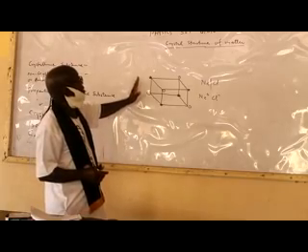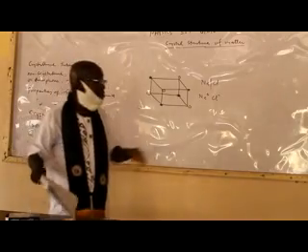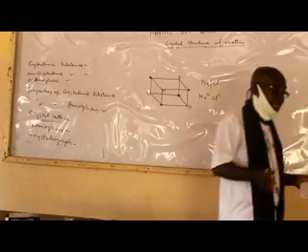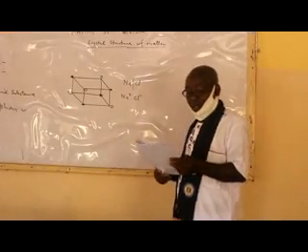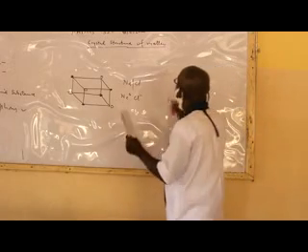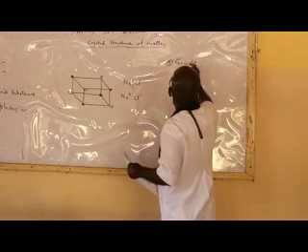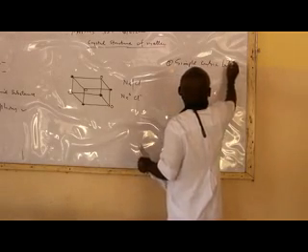So this is a crystal structure of sodium chloride. Let me now say we have three types of structure: simple, body center, and face center. Number one, simple cubic lattice.